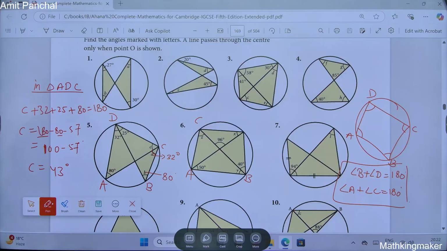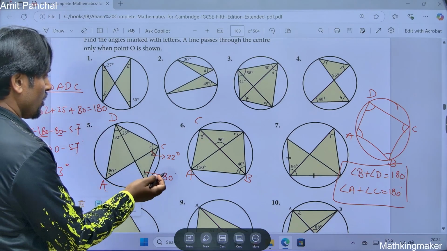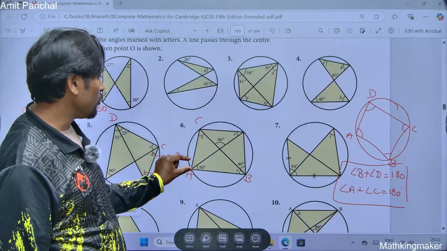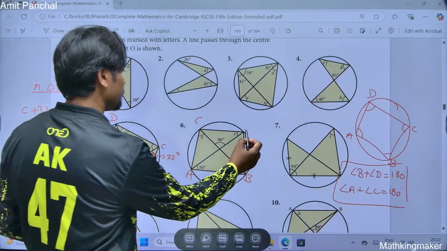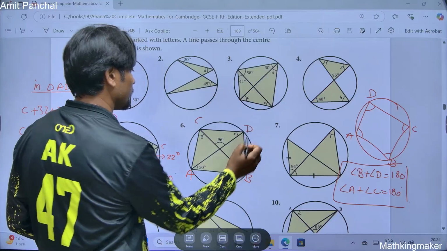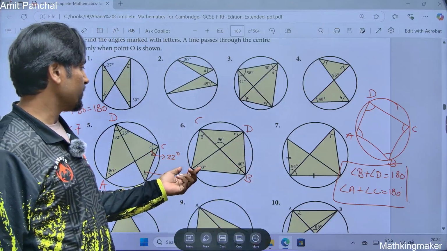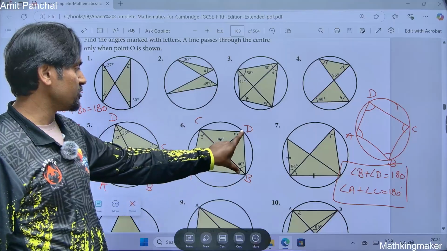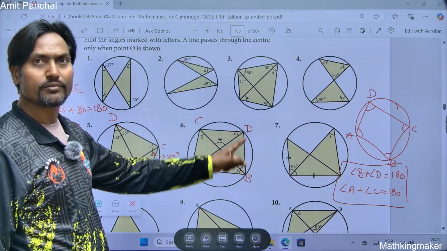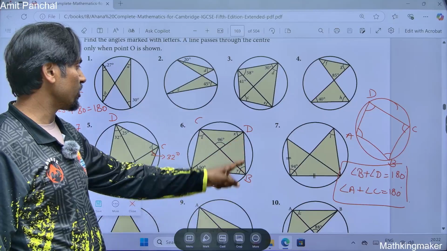Okay. See, 50, who is making 50? 50 degree is being made by BD. BD is making what angle also?